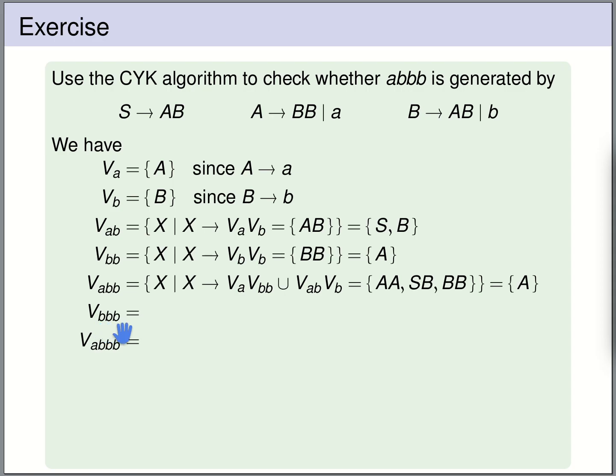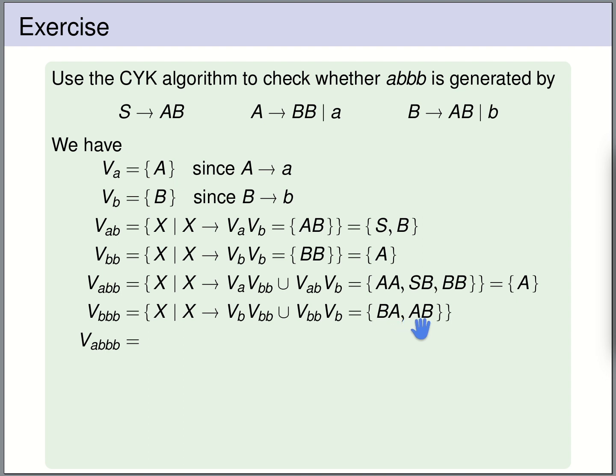For VBBB, we have to consider all the possibilities to split BBB. Again, there's two possibilities to split this into two non-empty words. We can either split into B and BB or BB and B. VB consists of B, VBB consists of A, so we get BA, and the other way around, we get AB.